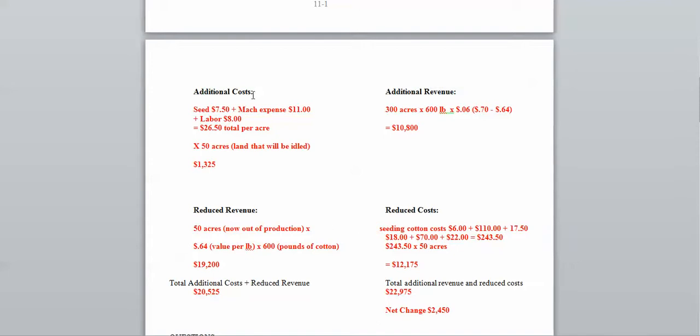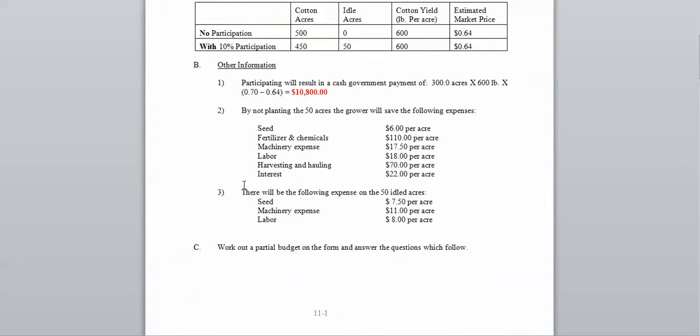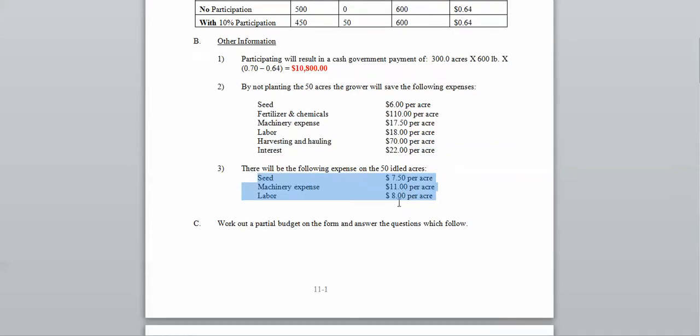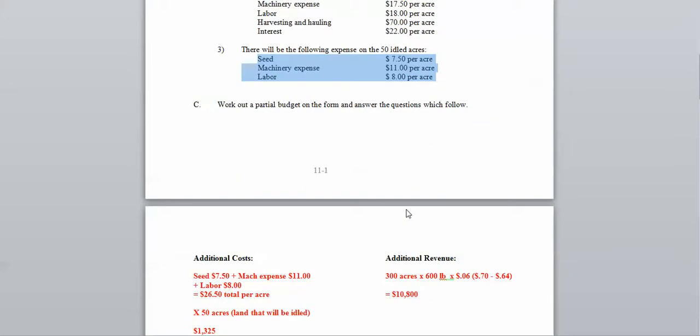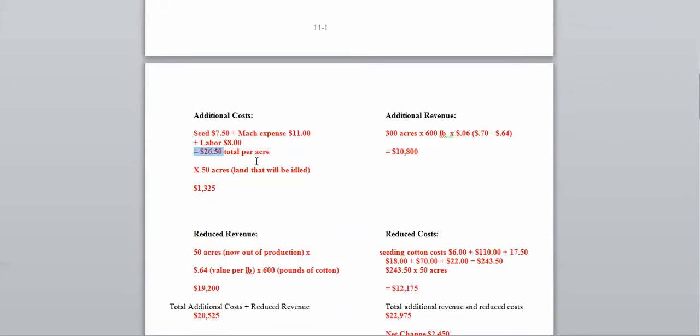Our additional costs were the added expense on the 50 idled acres right here. $7.50, $11, and $8 per acre. That ends up being $26.50 per acre.